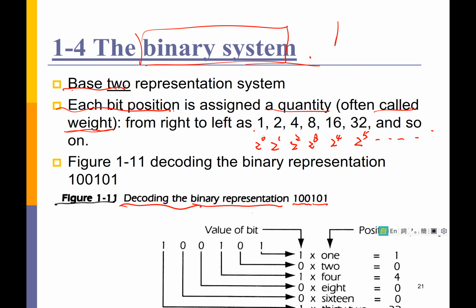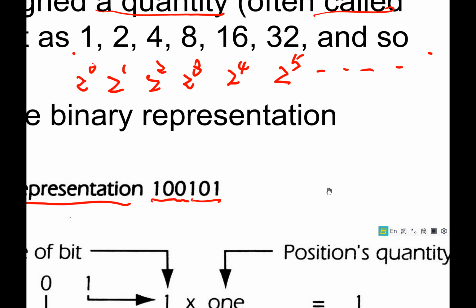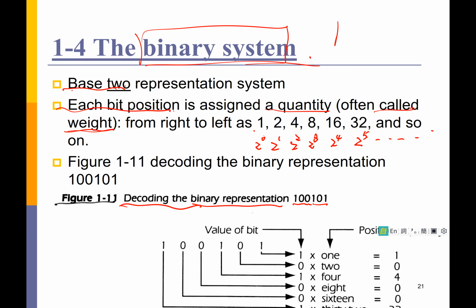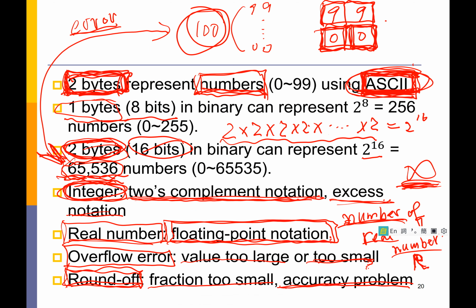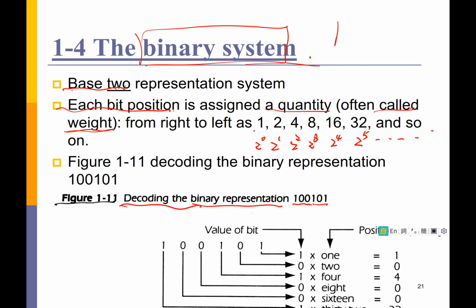So you want to decode a binary representation of 100101. You can put a small subscript on the lower right hand corner to represent that this is the binary system. So it is impossible to see a number bigger than 1; you can only see 0 and 1 in the binary system.